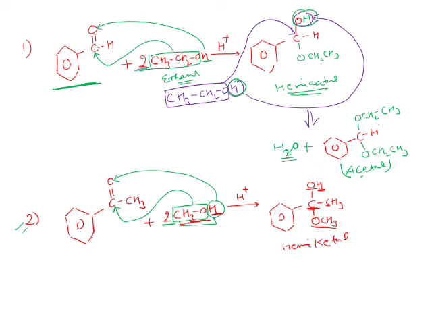right? And if I use a second molecule of alcohol again, then what's going to happen? This CH3O is going to replace this OH group, and this hydrogen is going to bind with the OH group and remove as water, right? And then you will get the product something like this.